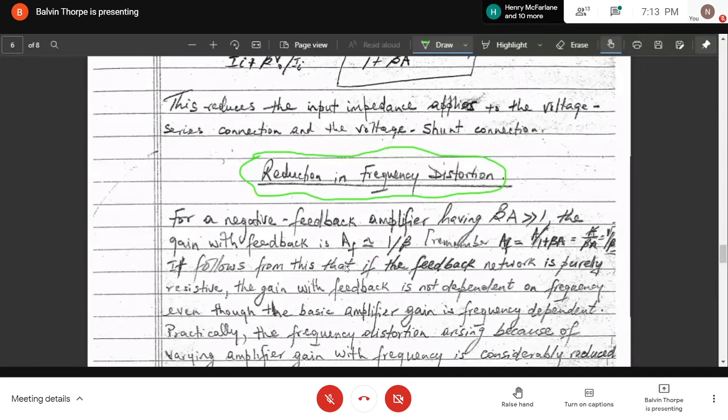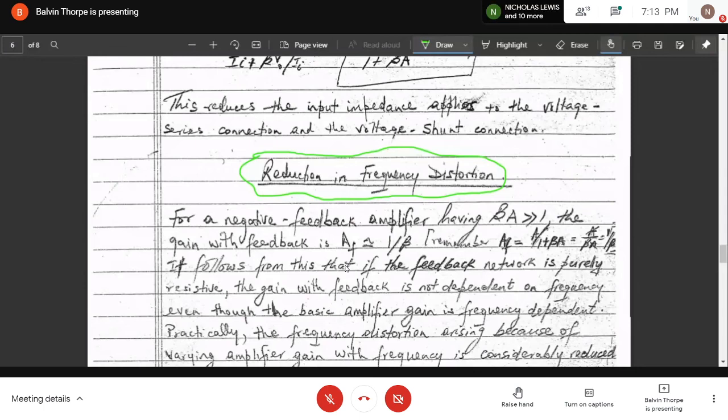That's what XC equals 1 over 2 pi FC, and XL equals 2 pi FL, which means that they are frequency dependent.